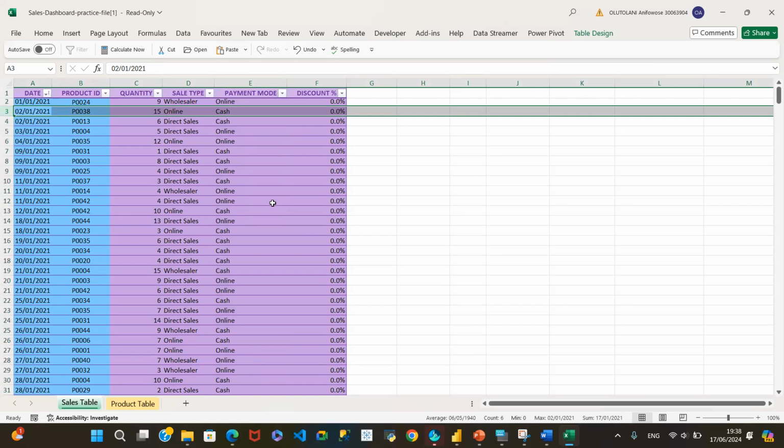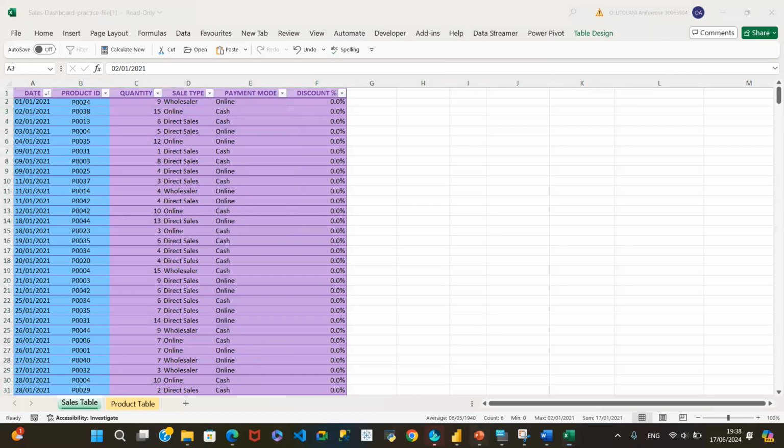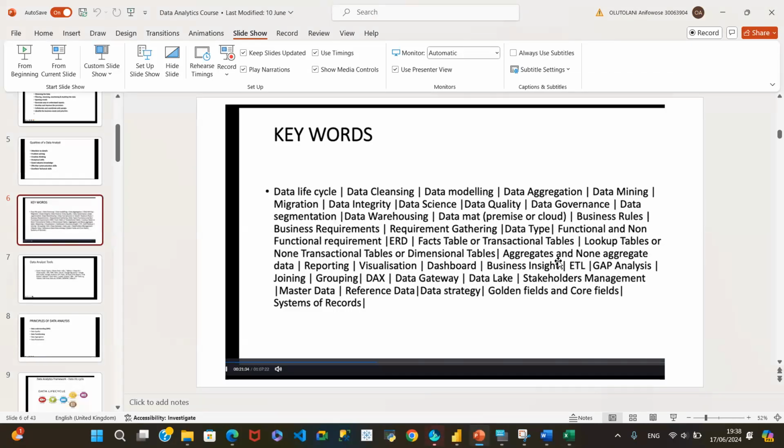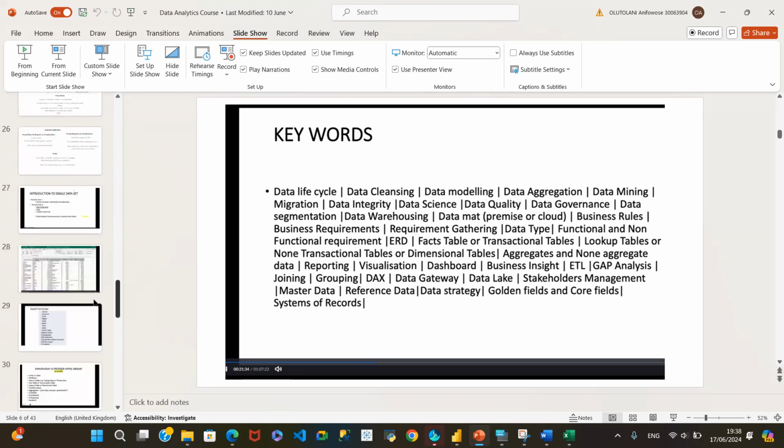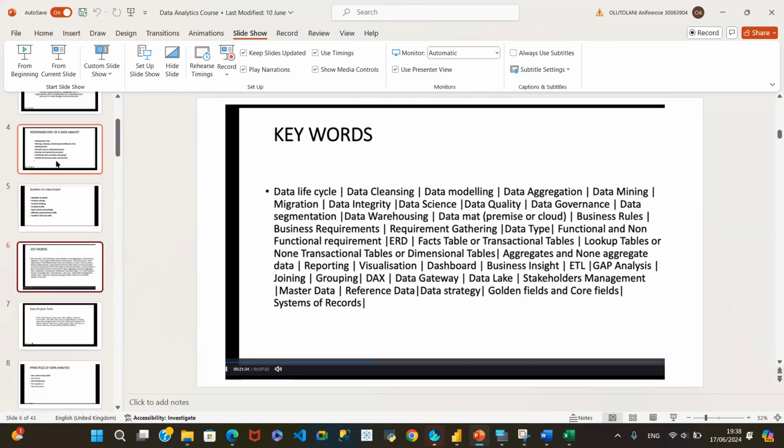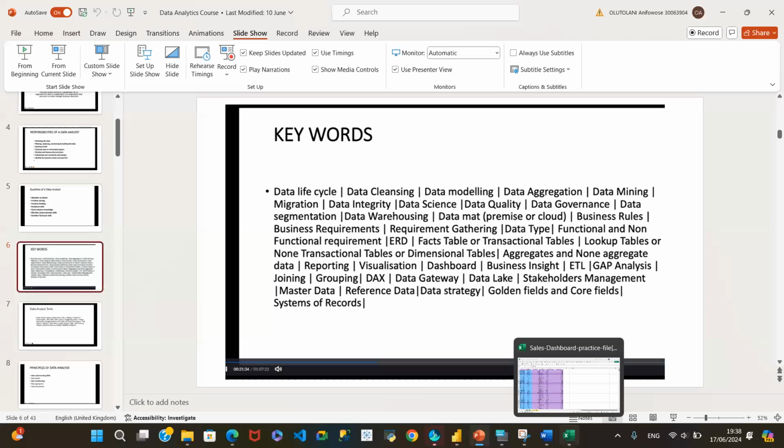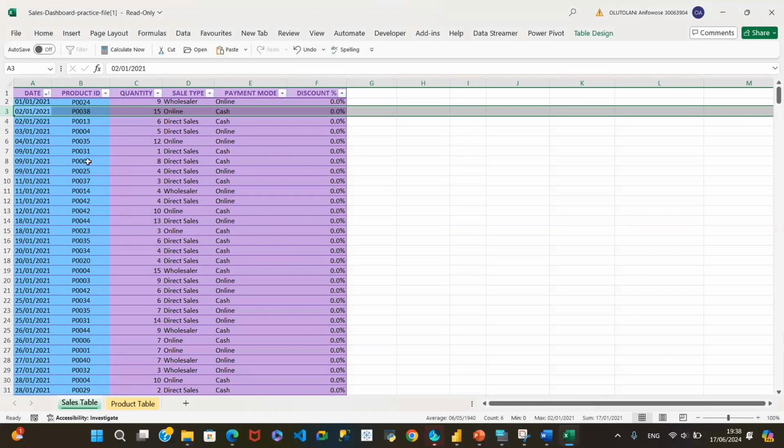I would implore us to go back and do that research, especially around fact tables or transaction tables and lookup tables. That's why it was important for us to run through this and look up the things that we should look up so that we don't find it hard in class.